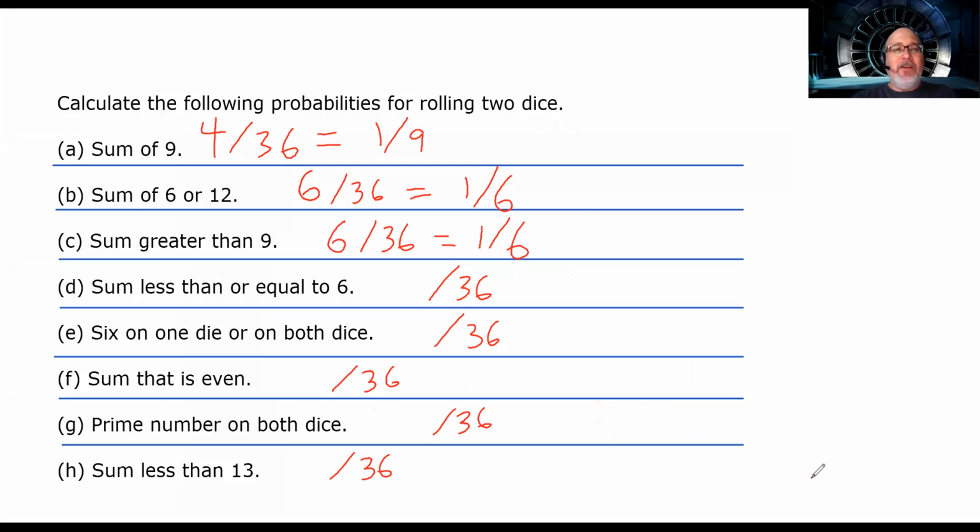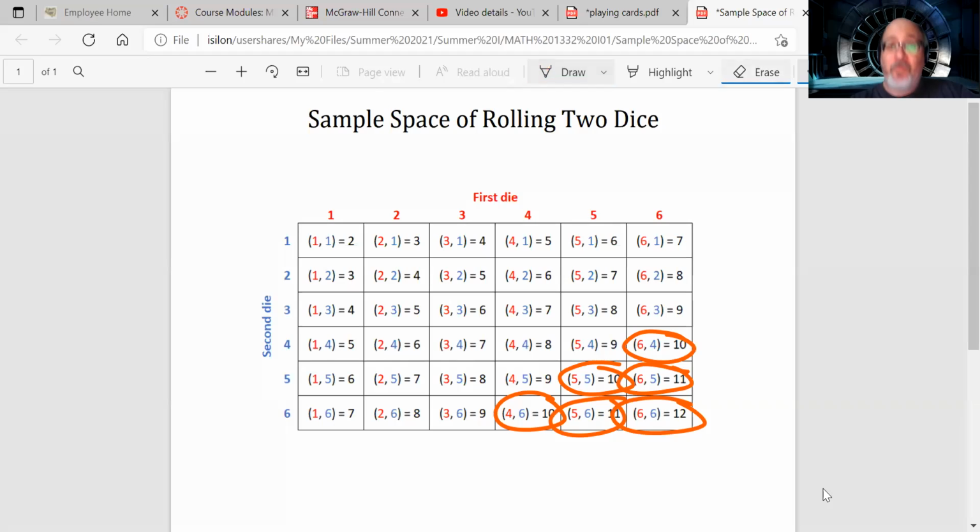All right, D, sum less than or equal to 6. In this case, it's a little bit different than C, which just said greater than as opposed to greater than or equal to. So in this one, we need a sum that is less than or equal to 6. Well, what numbers are less than or equal to 6? 6, 5, 4, 3, 2, 1. Except there are no sums of 1 because the smallest sum is 2.